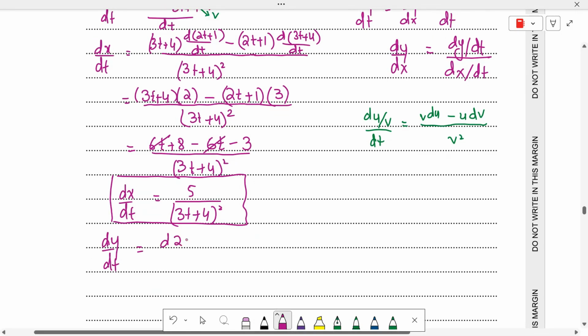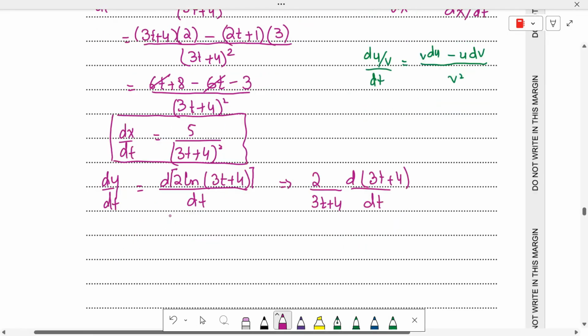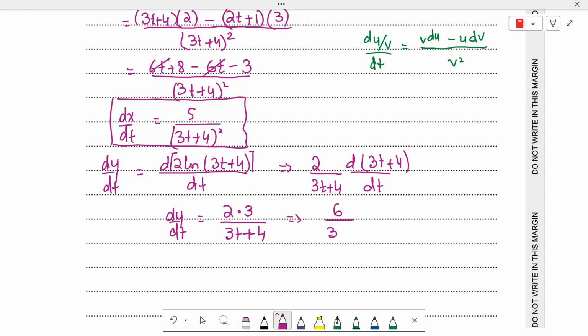That is the derivative of 2 ln(3t + 4) with respect to t. This is equal to 2 times the derivative of ln(3t + 4), which is 1 over (3t + 4), times the derivative of the inner value, 3t + 4, which is 3. So dy/dt is 2 times 3 over (3t + 4), which is 6 over (3t + 4).